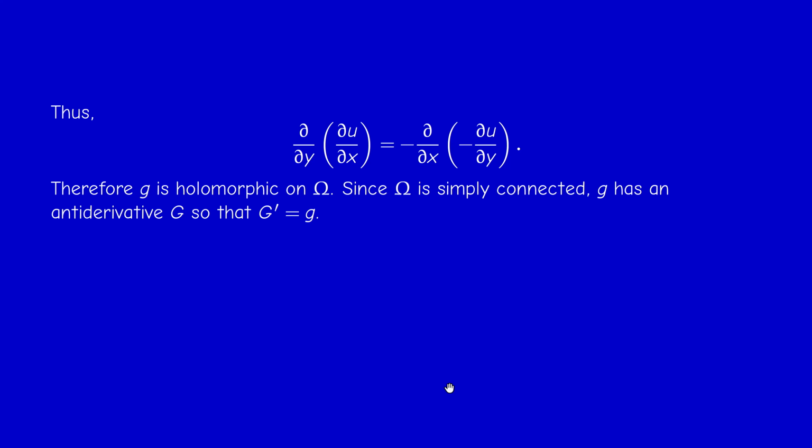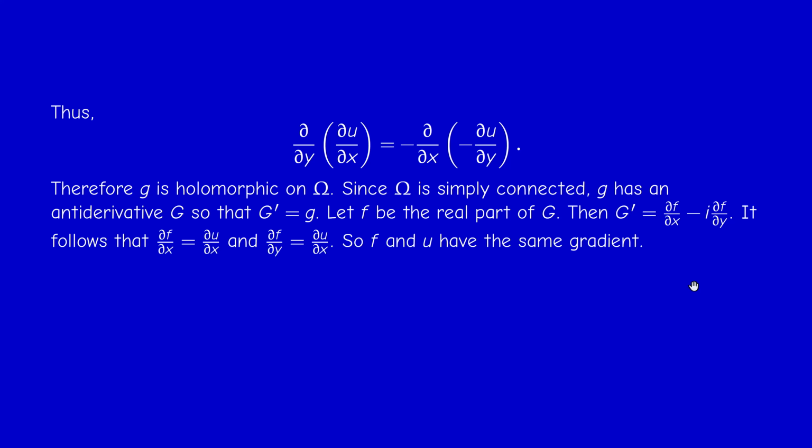So let capital G be an antiderivative of small g, and take f to be the real part of capital G. Then, by chapter 1, I know that capital G prime is the derivative of f with respect to x minus i times the derivative of f with respect to y. Now, what is u here? If you go back.